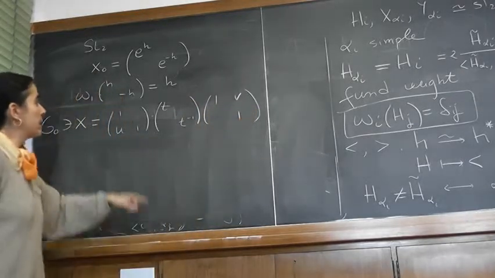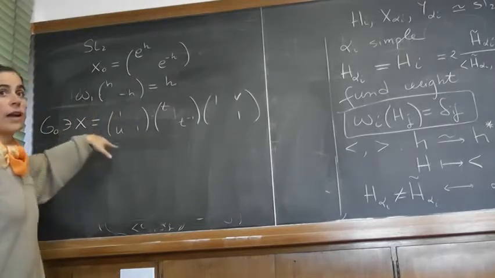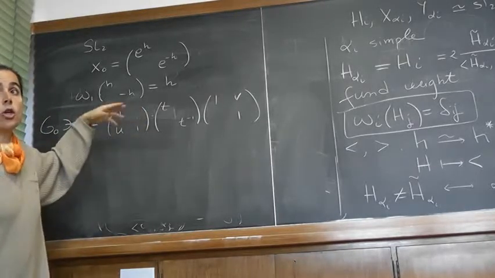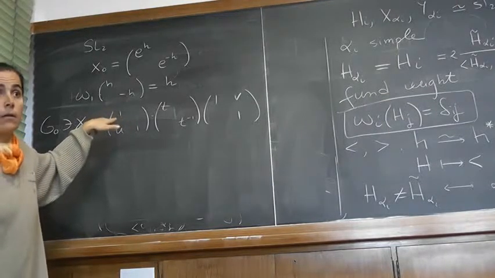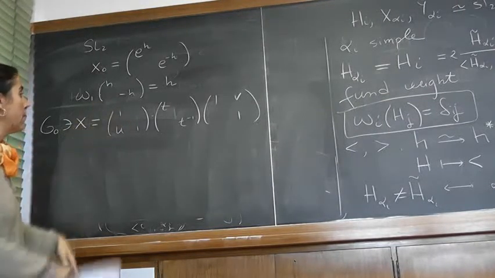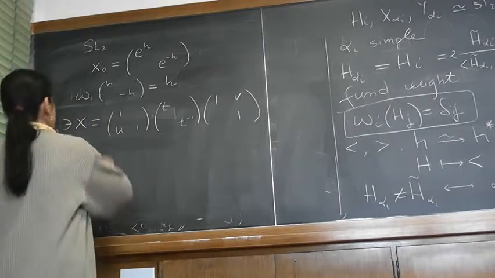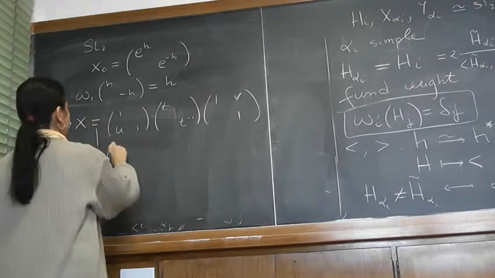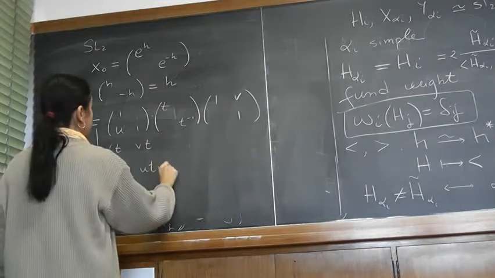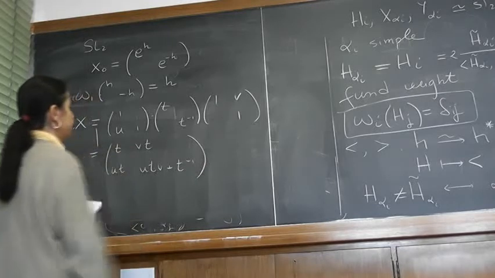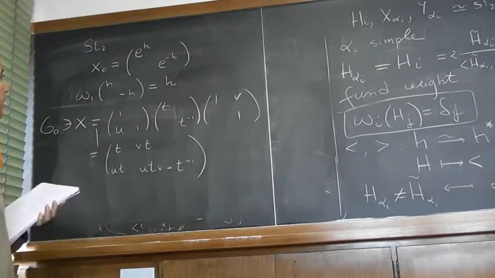You remember that the negative roots would give rise to this one parameter. Well, there could be many one parameters, but in SL2 there is just one root and one parameter. And if you make this little bit of calculation, this is t, u, t, u, v plus t minus 1. This is the generic element.